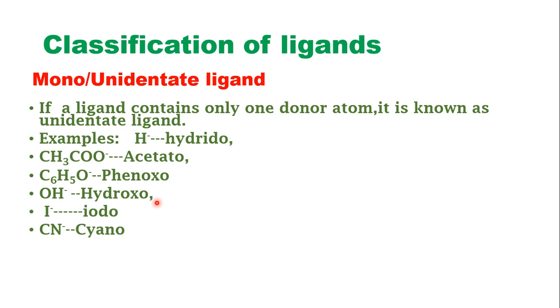In hydroxo, that is O which is going to bind with the central metal. Then in cyano, the nitrogen center is going to bind with the central metal. So only one donor atom is going to donate its pair of electrons. That's why those kind of ligands are termed to be monodentate or unidentate ligands.